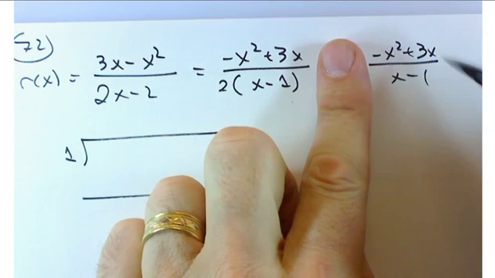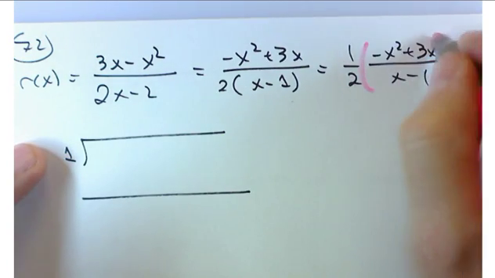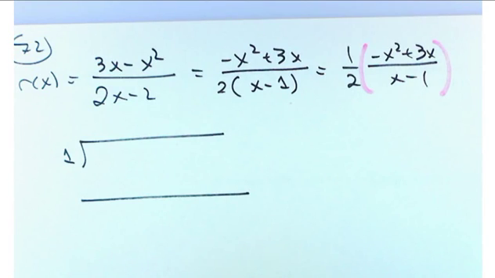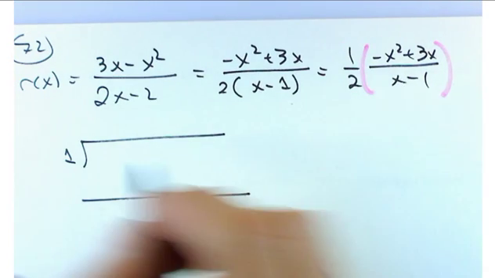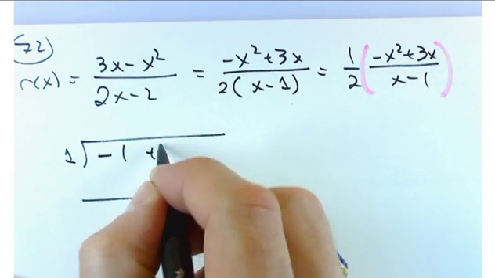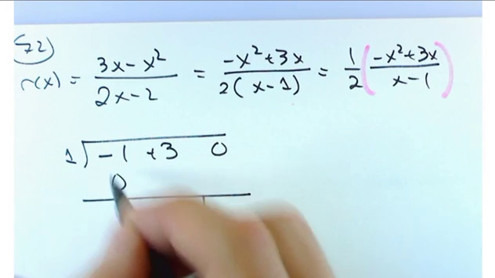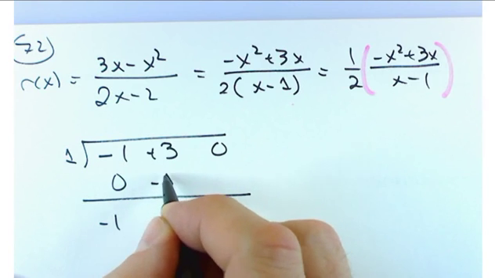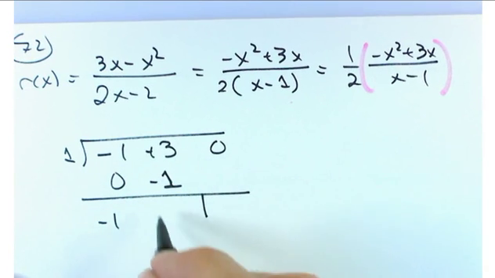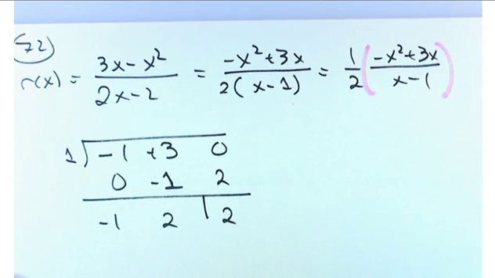We're just worried about this part right here in those manly pink parentheses. Let's, I said that with a straight face. -1 plus 3 and 0. Add, multiply, add, multiply, add.